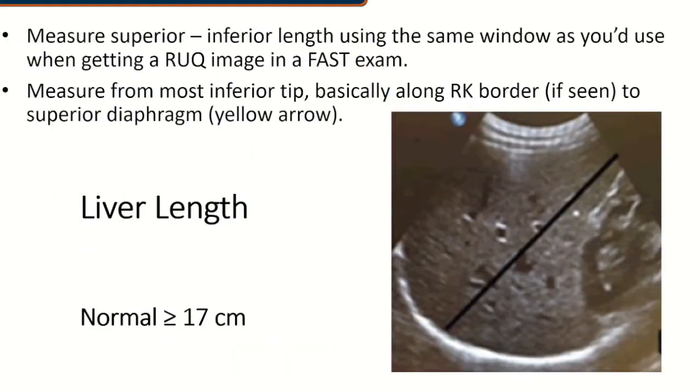We also then come to the required image of measuring the liver itself from inferior to superior, a bit along the kidney-liver interface, and again a reminder that that length should be less than 17 centimeters.